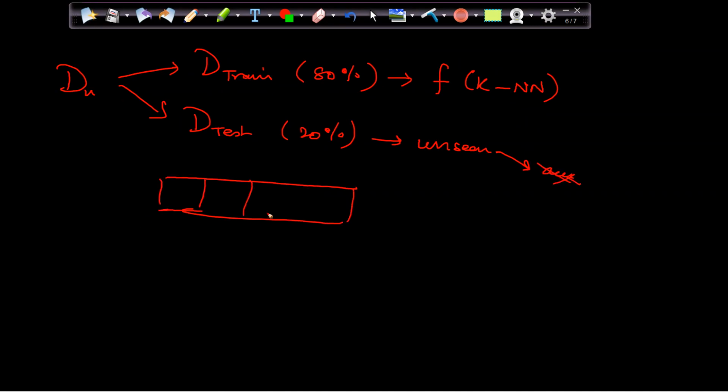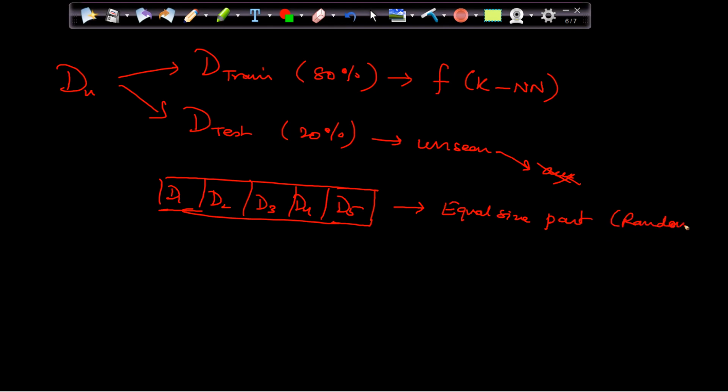Let's say I'm breaking this train data into 5 parts, D1, D2, D3, D4, and D5. This 5 parts will be of equal size, randomly selected by the algorithm.